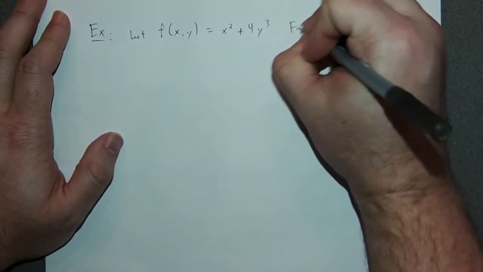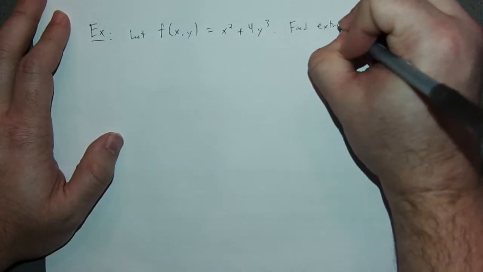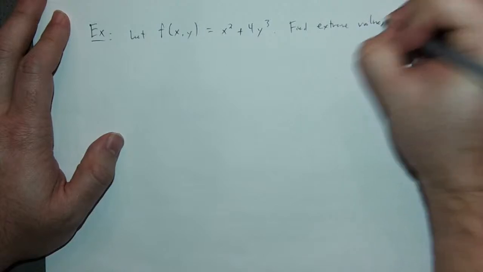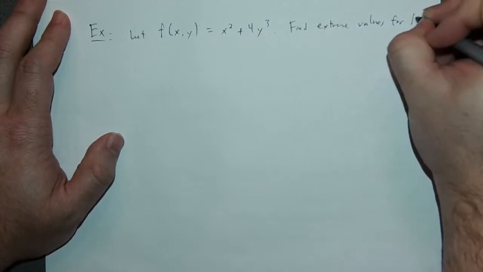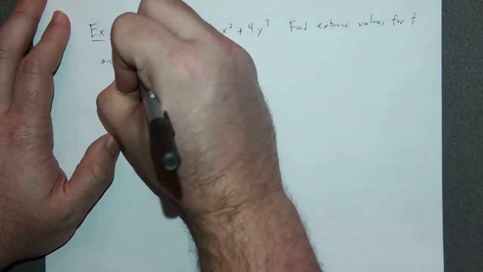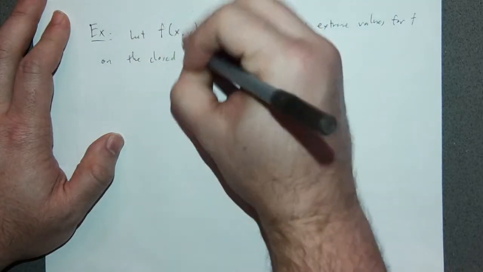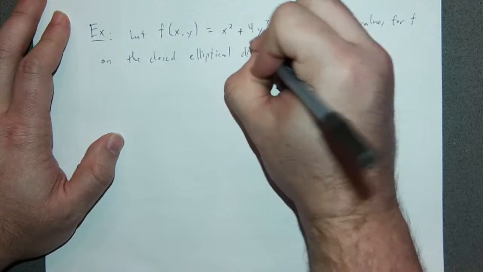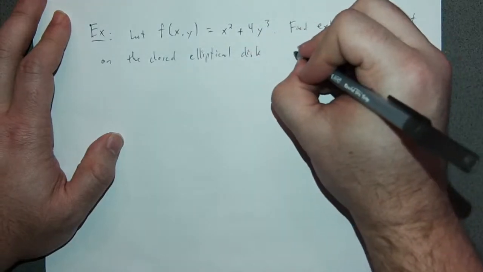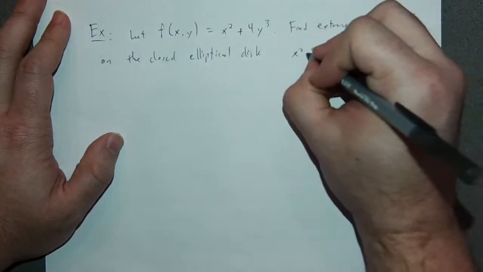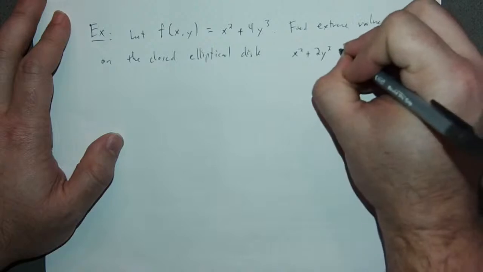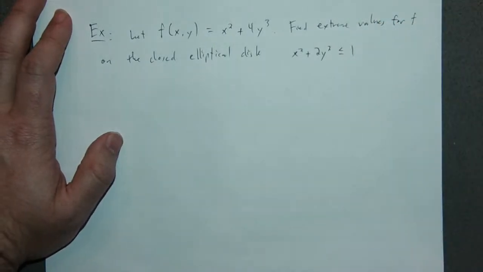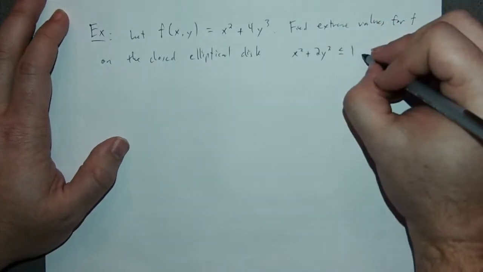So find extreme values for f on the closed elliptical disk, that is, x squared plus 2y squared is less than or equal to 1, and the points at which they occur.